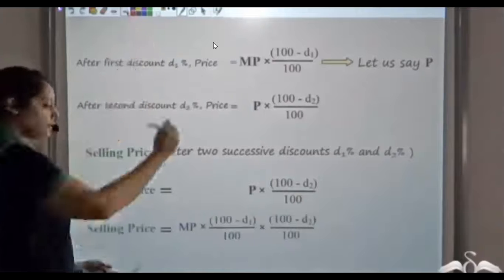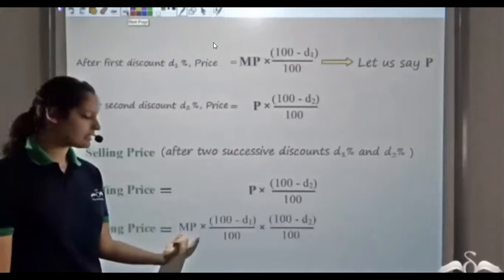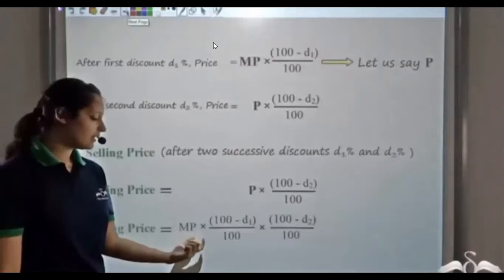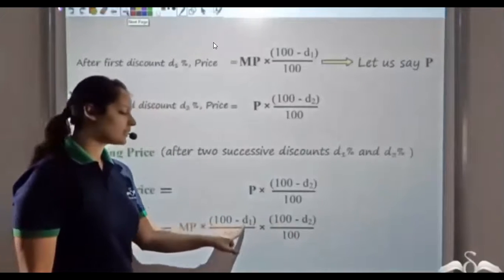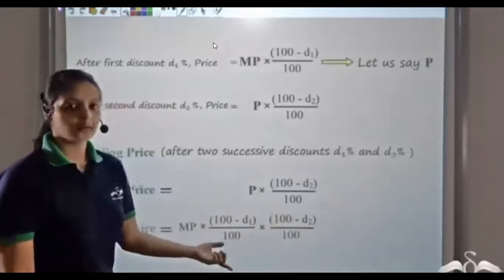So I get my selling price as marked price times 100 minus D1 by 100 times 100 minus D2 by 100. Now D1 is the first discount percent, D2 is the second discount percent.